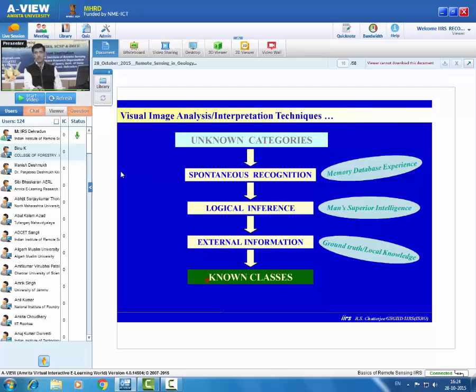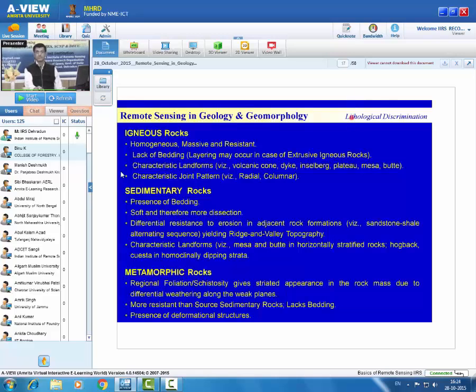So then finally you make the known classes from the satellite image for the entire area. For example, ground truth you will not be doing for the entire area, you will be doing selectively only for some points. And this truth you use for selective points, you can extrapolate for the entire area, and you can have this geological information for the entire area of your image.